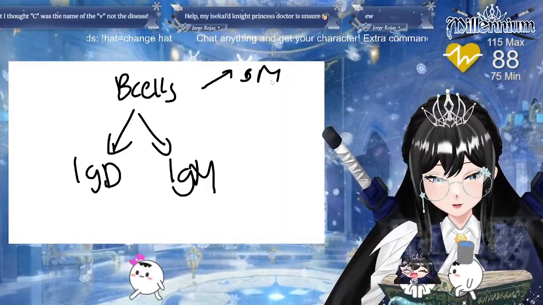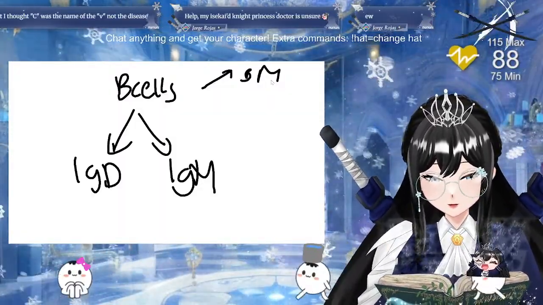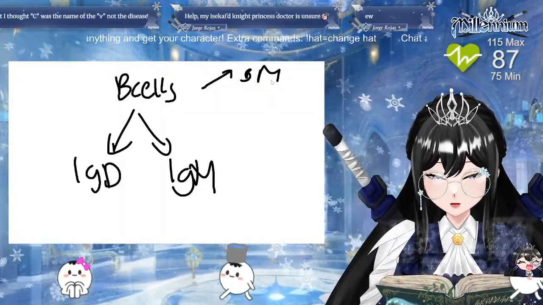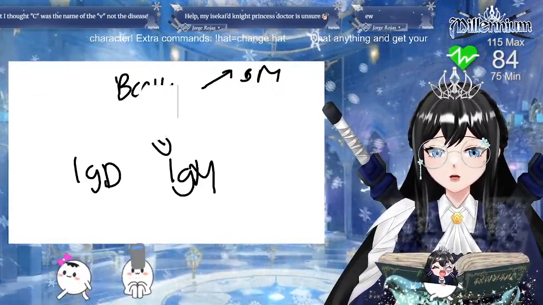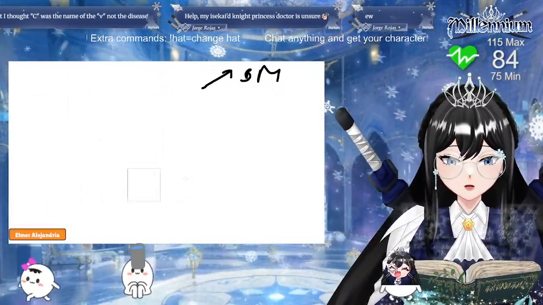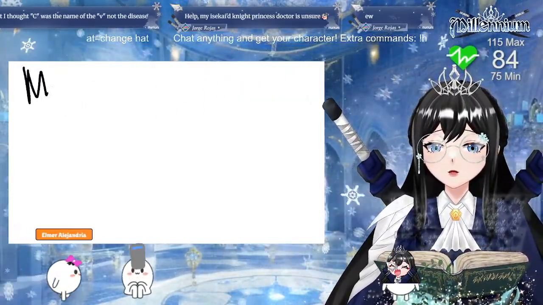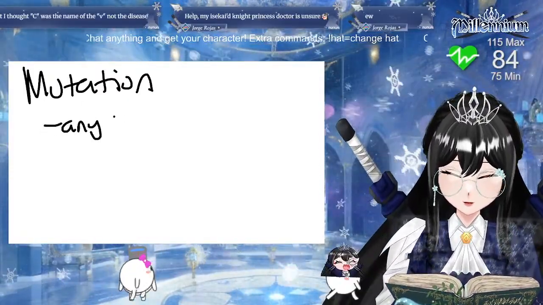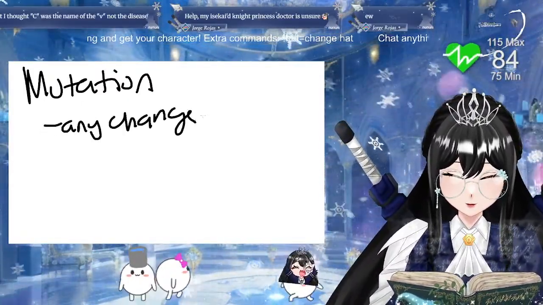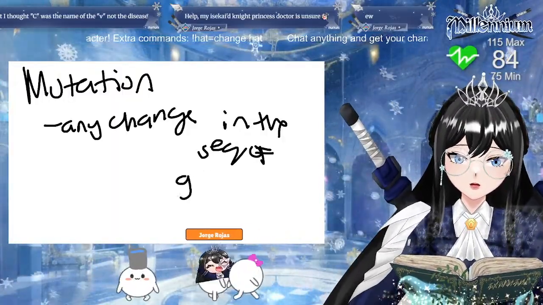Now, we have a slide called somatic hypermutation. I think this one's a good lesson. Mutation is any change in the sequence of genomic DNA.